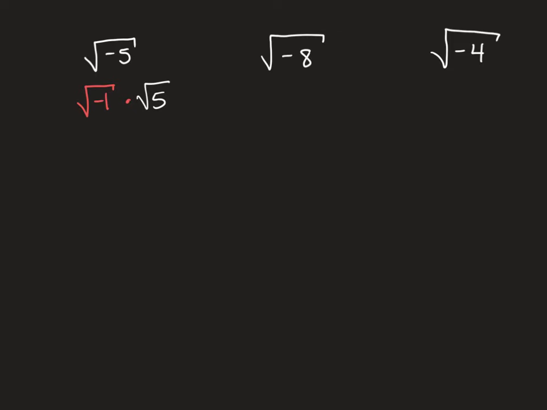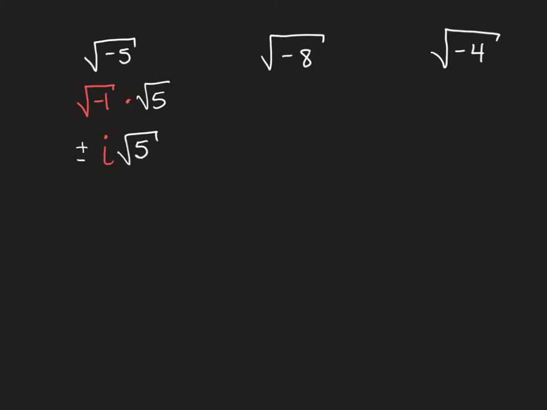I understand that the square root of -1 is i. The square root of 5 can't be simplified, so we leave it alone. And I understand plus or minus goes out front. And that's it. Now my number is simplified.